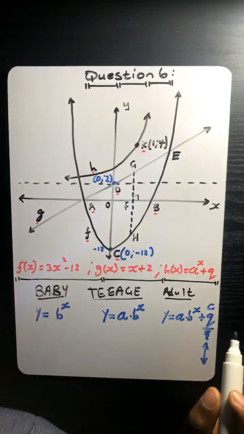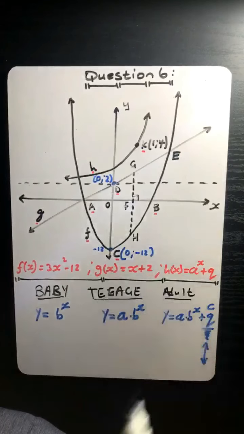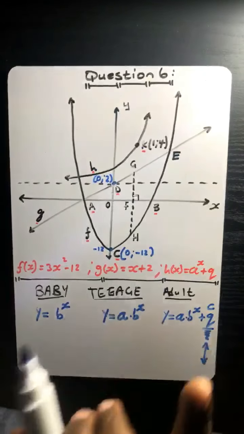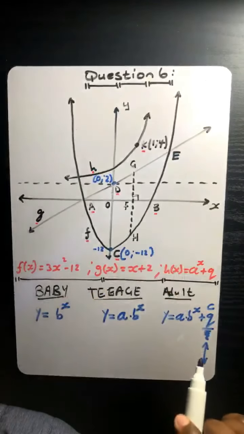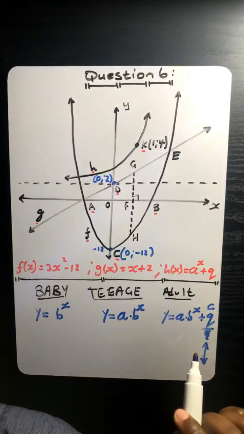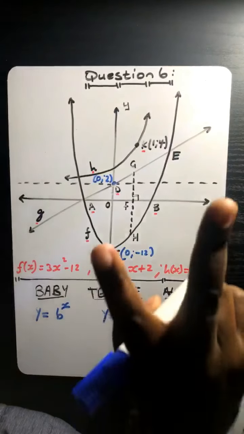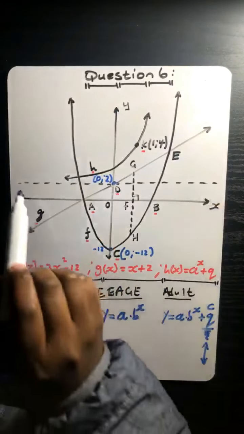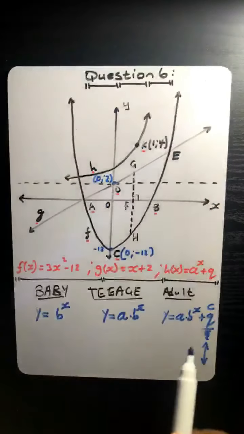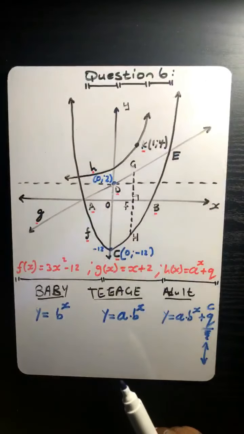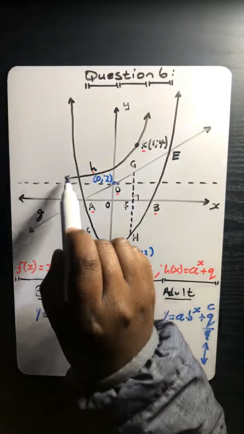So, ladies and gentlemen, exponential has got only 1 asymptote. Hyperbola has got 2 asymptotes. So, can you see that broken line? It represents the asymptote of that exponential.